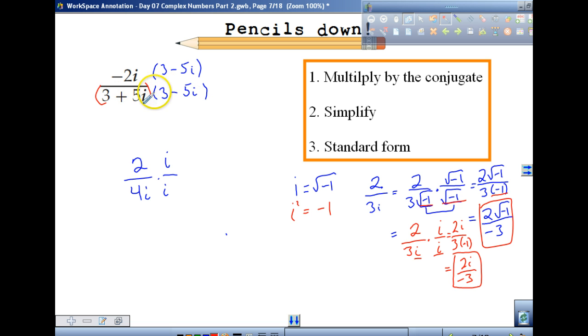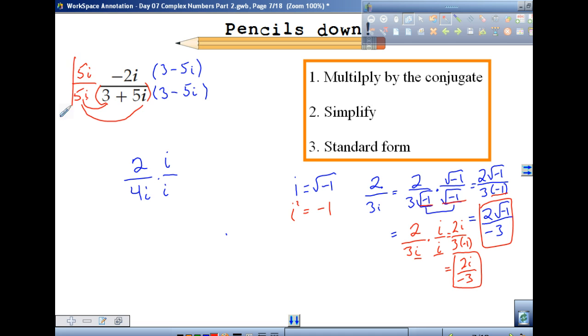If I just multiplied by 5i here, sure, that would cancel out the i on this one, because these two i's would now equal negative 1. Every pair of i's is negative 1. But then when I multiply it here, it'd create a new imaginary number, and I'd still be stuck with an imaginary number in the denominator.